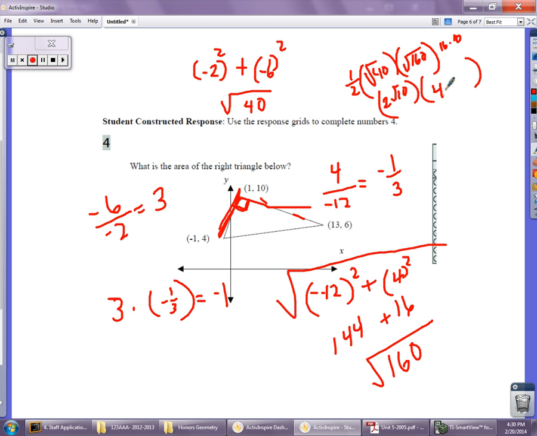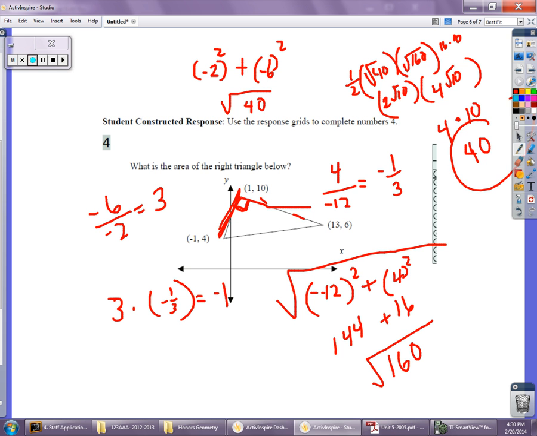So you get 4 root 10. 2 times 4 is 8. Half of 8 is 4. Root 10 times root 10 is 10. So you get an area of 40 units squared.